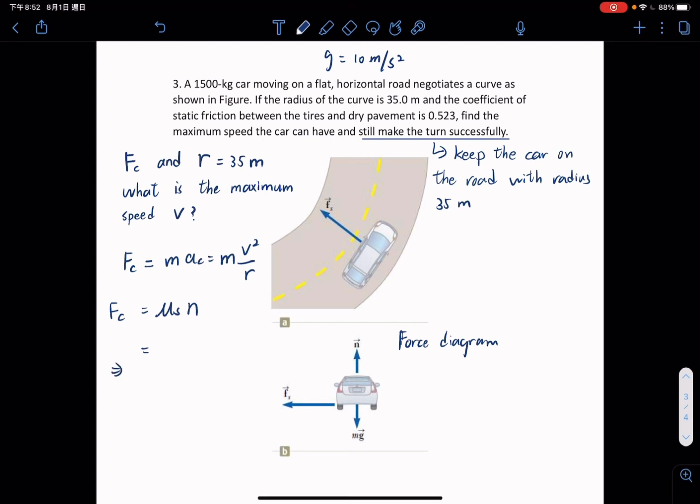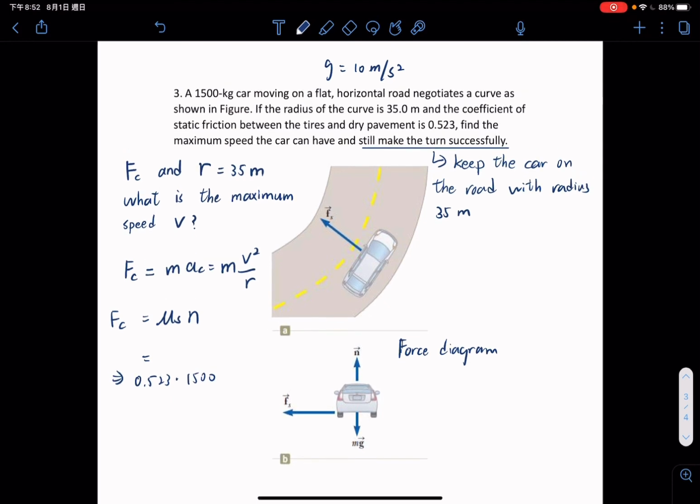So we can get FC is equal to 0.523 times 1,500 times 10, which is equal to 1,500 times V squared over 35.